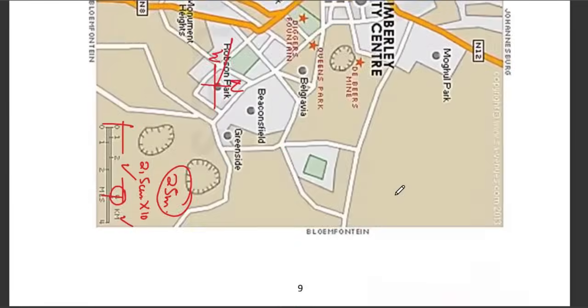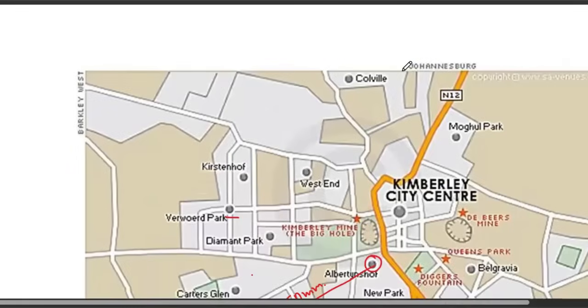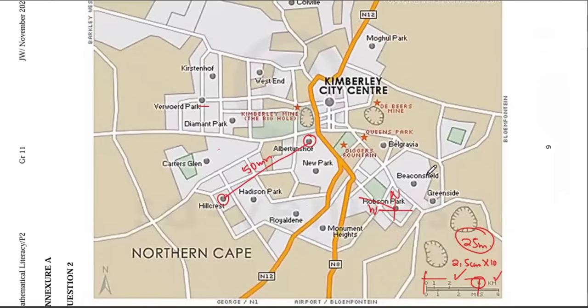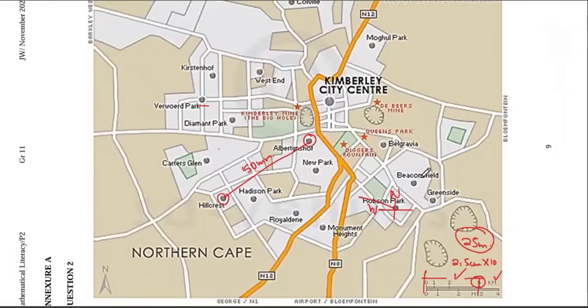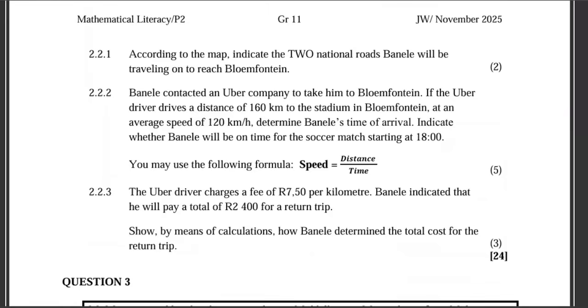The map is here. National roads, we have the N12 and N8. I don't know whether you have seen it. We have this and we have this. So the answer here becomes N12 and N8.